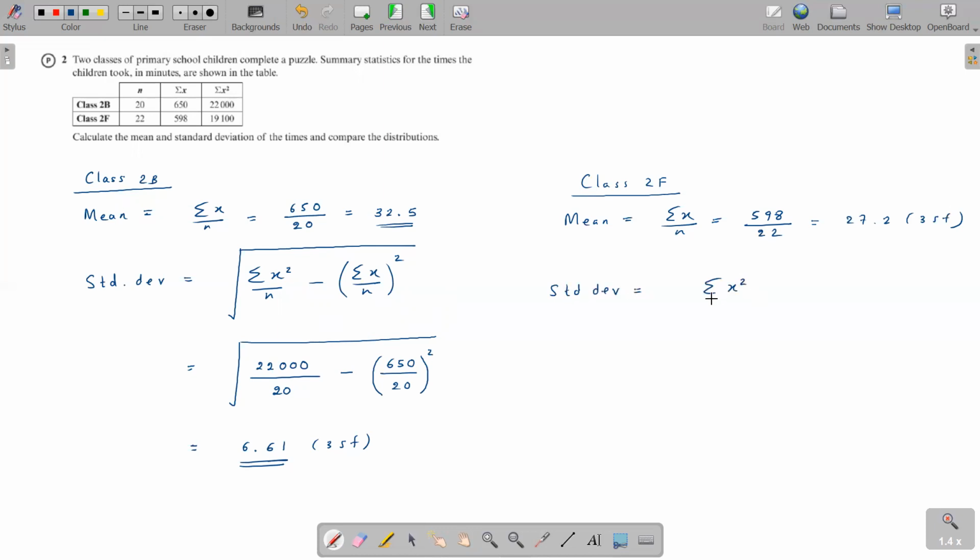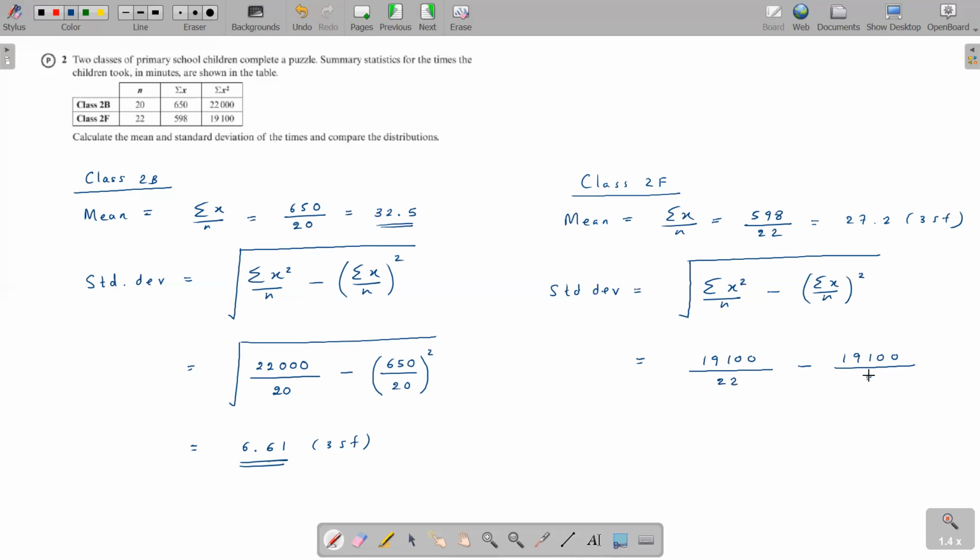And the standard deviation is the square root of sigma x square over n minus sigma x over n holding square. Sigma x square was 19,100 over n is 22, minus sigma x over n.